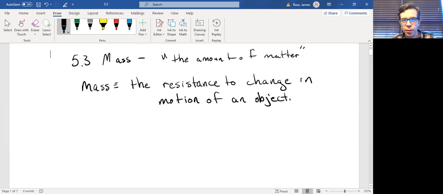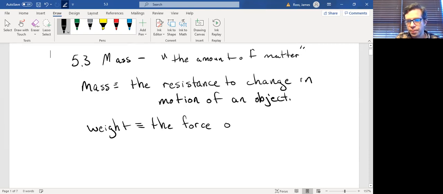We've already talked about the difference between mass and weight, right? We said that weight is the force of gravity on an object.